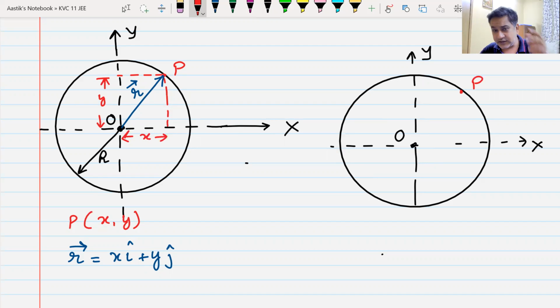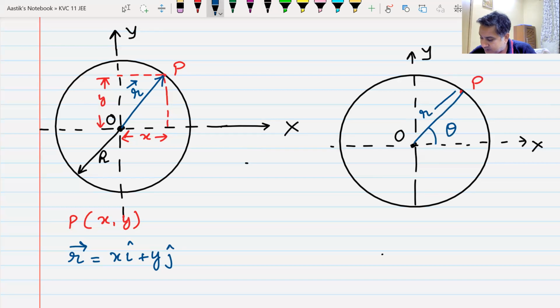Now, instead of telling you the x and y coordinates, I've already told you where the center of the circle is. Instead of telling you the position coordinate, what I do is tell you this angle theta with the x-axis. It's always measured from the positive direction of the x-axis.